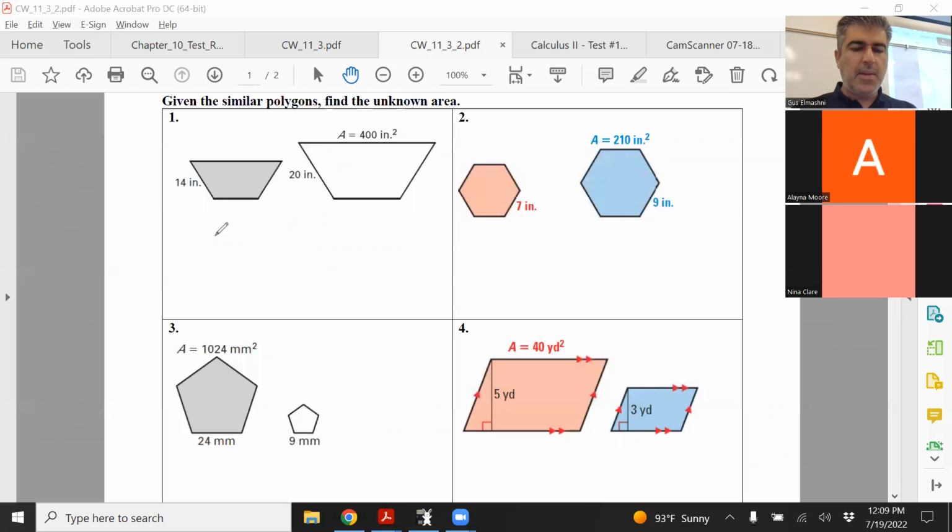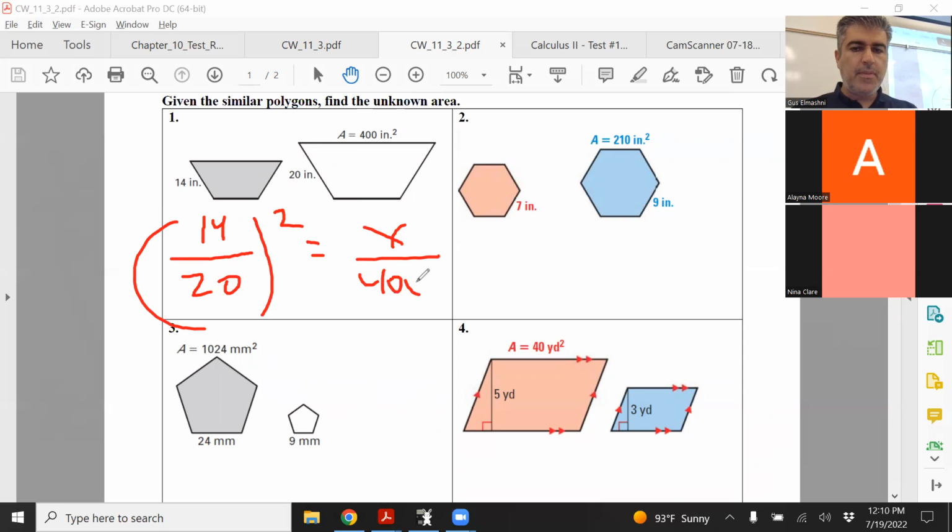So I'll kind of help you with the setup. So 14 out of 20 squared equals x over 400. Here, 7 out of 9 squared equals x over 210.